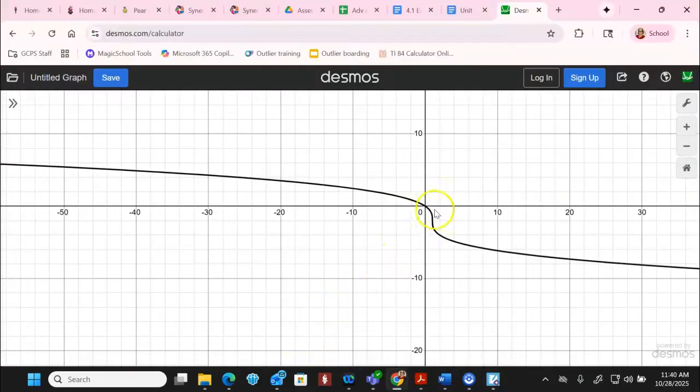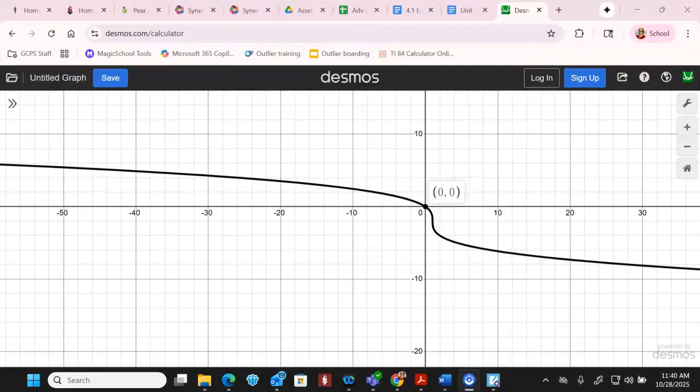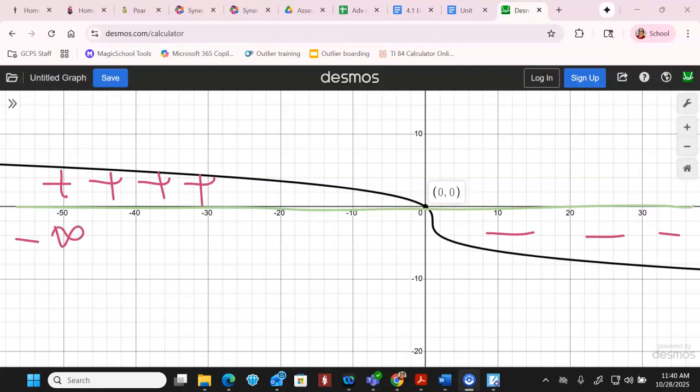Questions that are positive and negative. So again, we are going to look for the x-intercept. That's at 0. So that means we are going to look at what is above the x-axis. This is your x-axis. So as you notice right here, these are all positive. These are all negative, okay? So negative infinity, you read it left to right, to 0. To that x-intercept, it's positive.